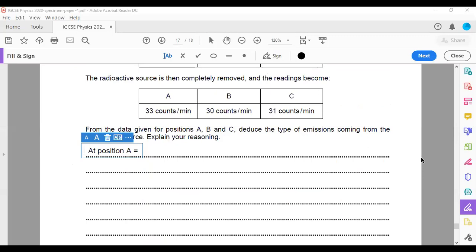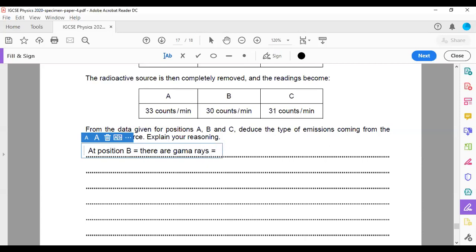Wait. At position A, right, it said explain your reason. All right, first let me start at position B. So at position B, we have the gamma rays. Why are they gamma rays?